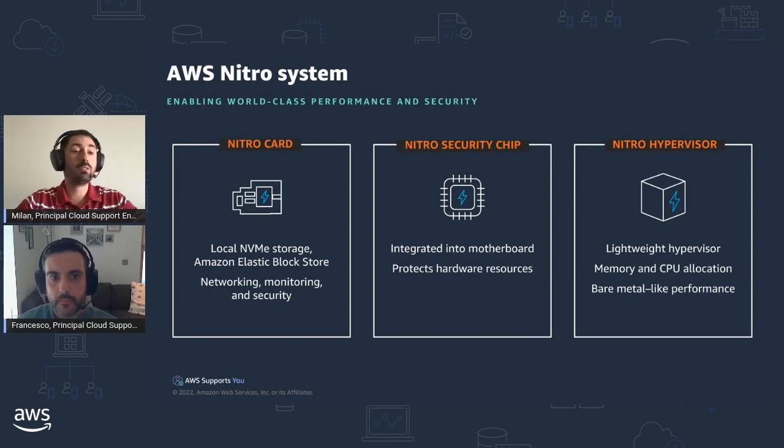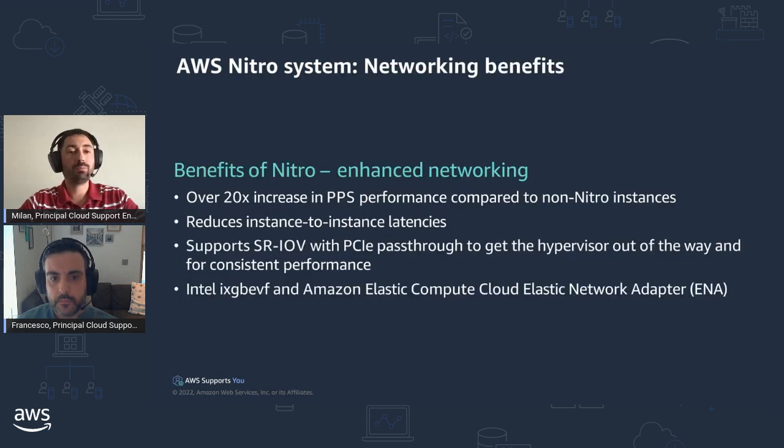It also enables us to offer our customers bare metal instances, which are exactly that, your Intel, AMD, or Graviton platform as a whole without any hypervisor running on top. So it's a real bare metal experience. And ultimately, the last component is the lightweight hypervisor that does the memory and CPU allocation and also provides bare metal-like performance. So it's a very low overhead hypervisor.